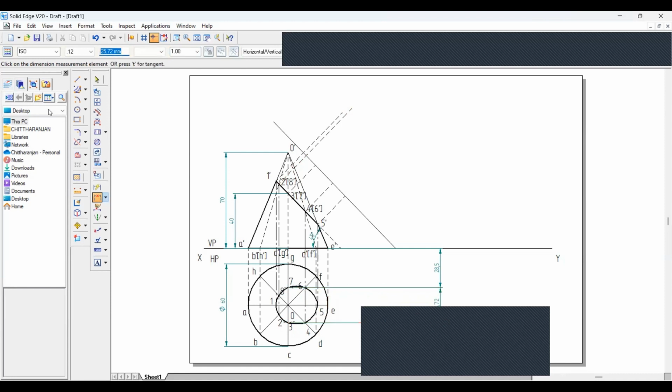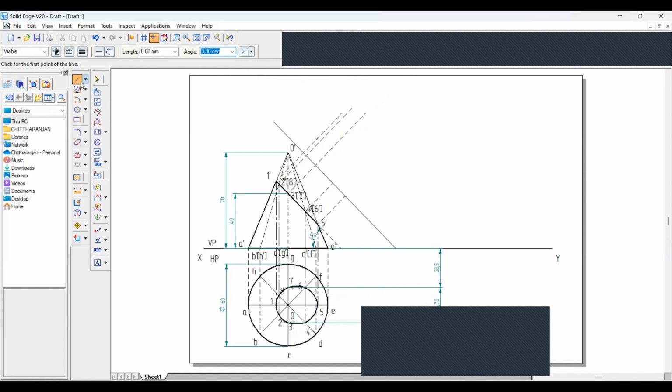It is 25.7. Now draw. The angle should be 45 degree. First length is 28.5, and next again 45 degree, and of length 25.72.